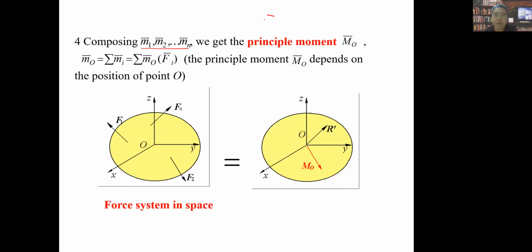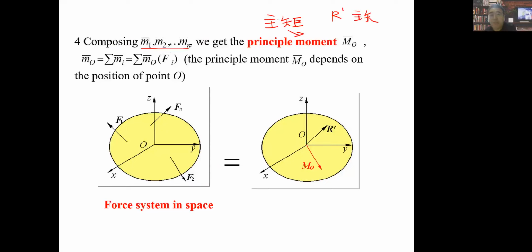In China, we call that 主矩. And R prime, we call that 主矢, right? This is 主矩, principal moment. And we call R prime the principal vector. We call that 主矢.